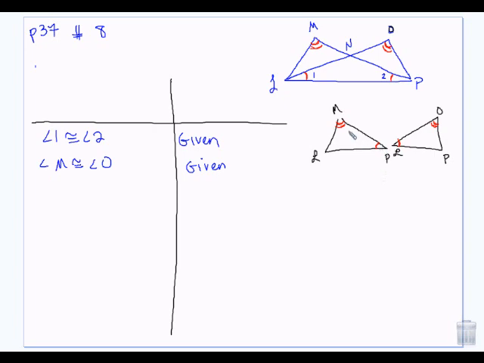Now I need to come up with a way to show that these two sides are congruent, because I have two angles, right? So my choices are angle side angle or angle angle side. Well, these two sides is really one side.